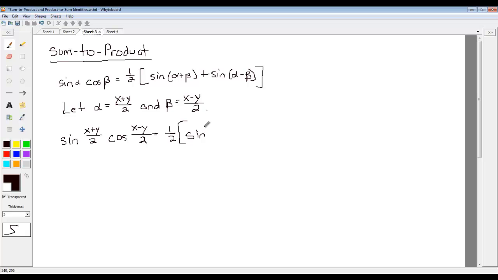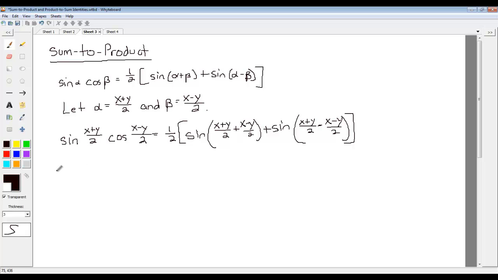sine of x plus y over 2 plus x minus y over 2 plus sine of x plus y over 2 minus x minus y over 2. Okay, now let's get rid of that 1/2.